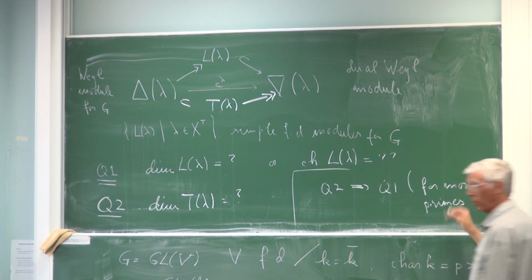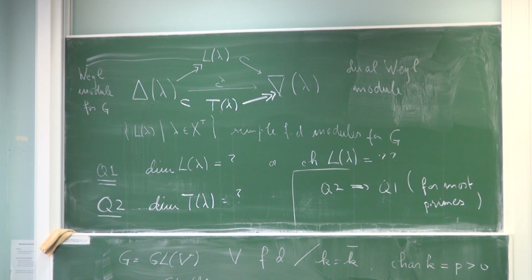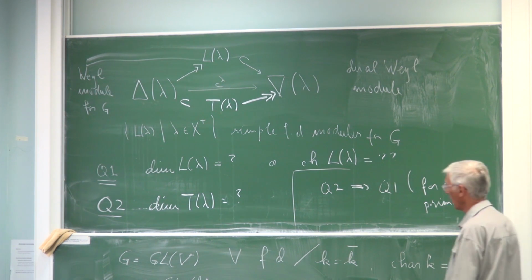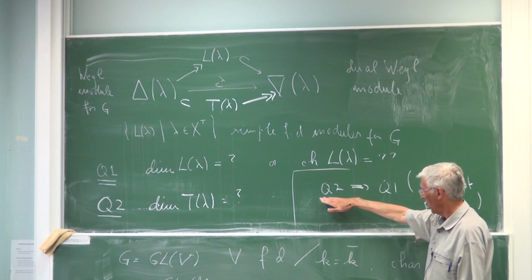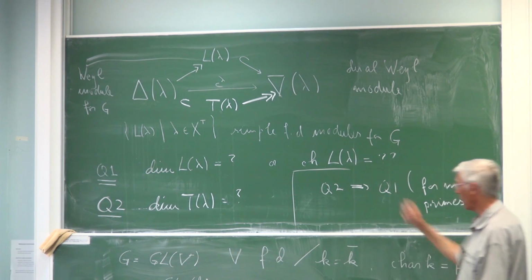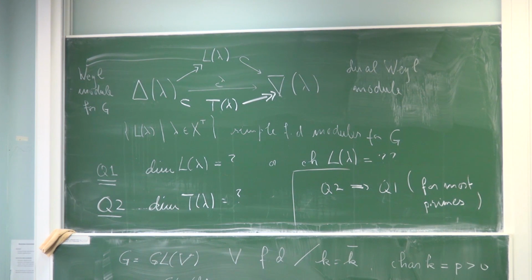It's not yet known for very small primes, but the general philosophy is that the answer of Q2 will imply Q1, whereas the other way around is certainly not known and probably not true.